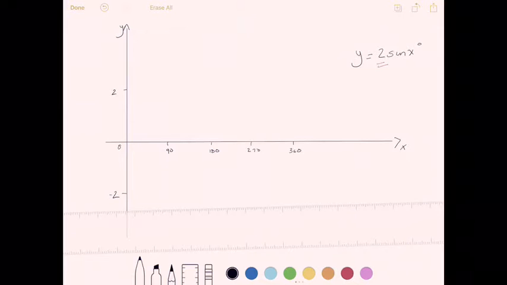So the amplitude or height of the wave is increased by a factor of 2. So again our points are (0, 0), but instead of (90, 1) we've got (90, 2), (180, 0), (270, -2) and (360, 0). Mark off points and then connect the dots to create a smooth wave.